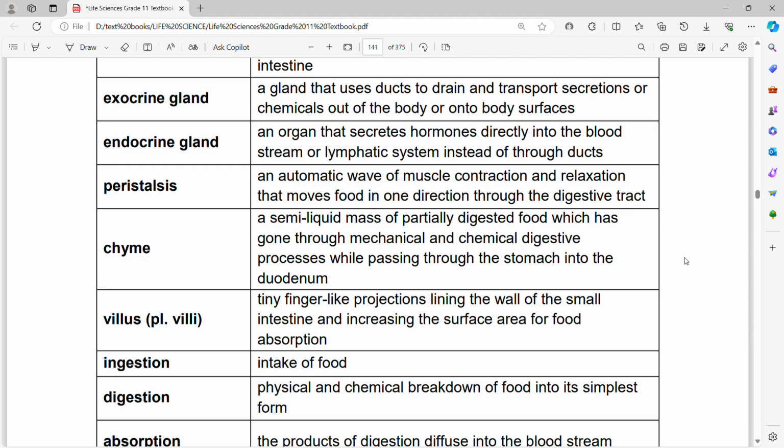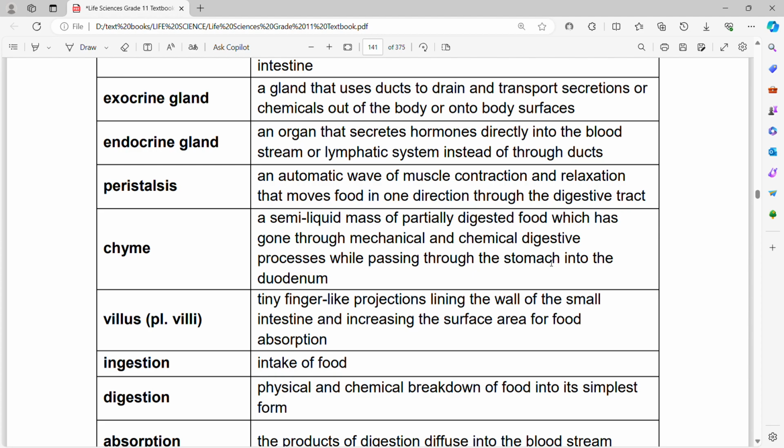Chyme is a semi-liquid mass of partially digested food which has gone through mechanical and chemical digestion while passing through the stomach into your duodenum. So after the stomach, it will go into the part of the intestine, the duodenum. That thing will be called chyme when it is chemically and mechanically digested or processed, and it is in the form of a semi-liquid.